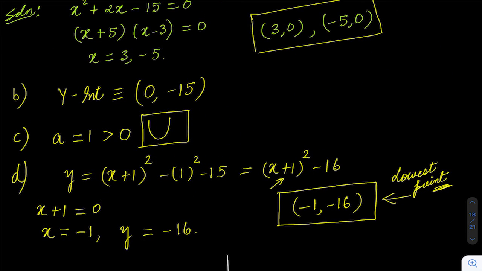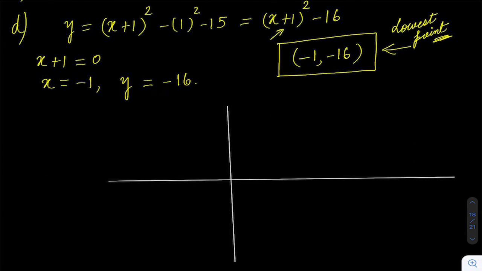The roots are (3, 0) and (minus 5, 0). So let's say this point is (3, 0). And my second x-intercept is (minus 5, 0). So the graph is passing through these points, (3, 0) and (minus 5, 0).